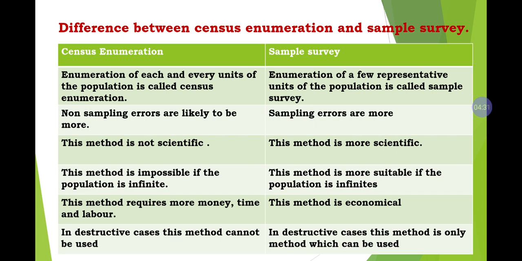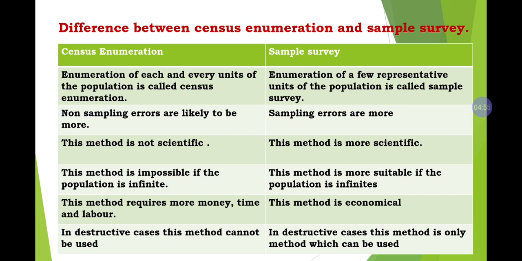But in a sample survey there is more scientific method, because we need to decide on whom we are going to take the samples, randomly, on whom we collect information or do the test. Random scientific sampling is very scientific compared to census enumeration.